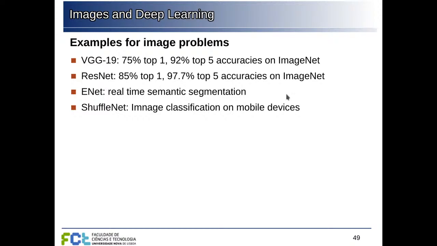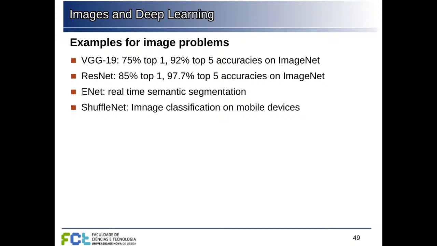The ResNet goes to 97%. So we have these networks that have a really high performance in classifying images. However, they are a bit heavy. They are large networks. They took a long time to train, but now you can download the trained network and use it.